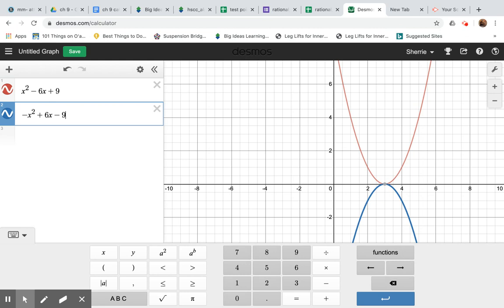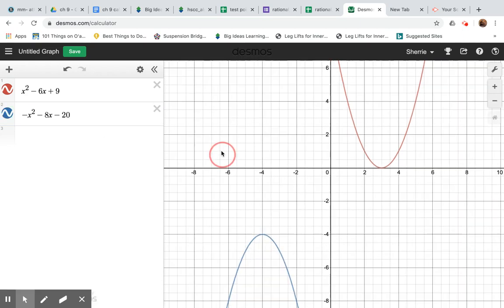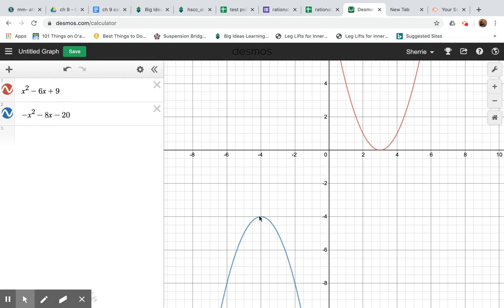And it's going to work out the same for our middle equation, where we had a negative x squared, and I'm going to bring the 8x and the 20 over. So I'm going to do negative x squared minus 8x, because we have to bring it to the other side, and we're going to get minus 20. And you can see, oh no, where did the graph go? Well, if I scooch this up, you can see what it looks like.